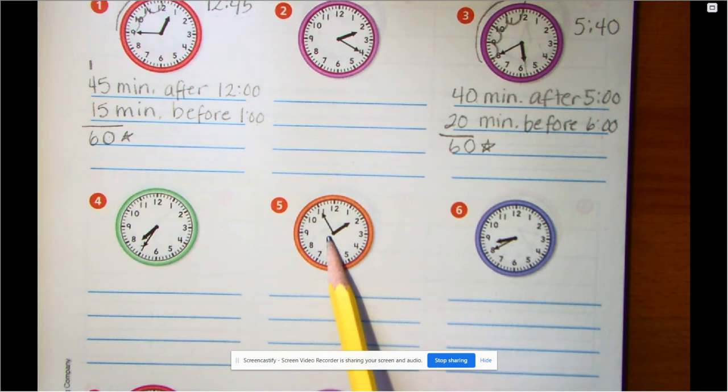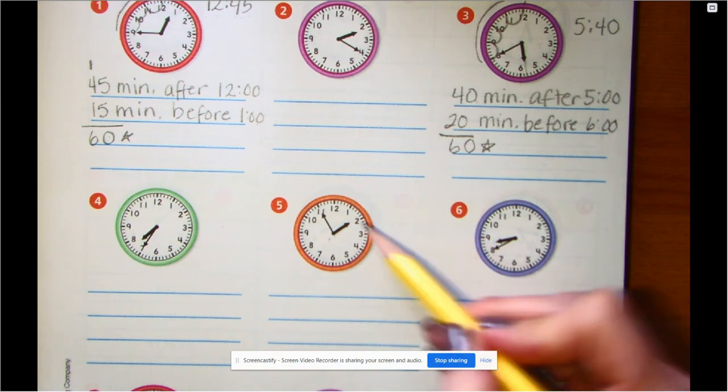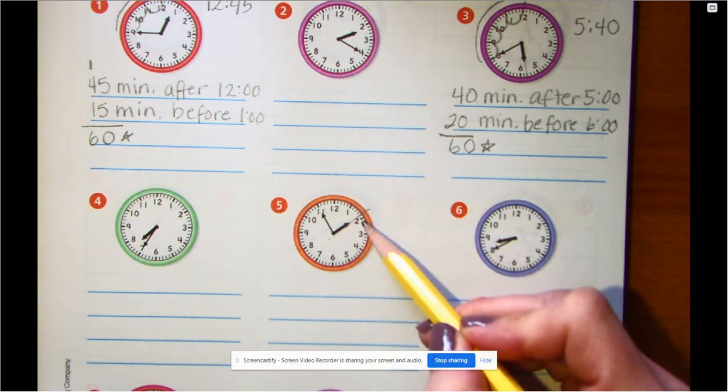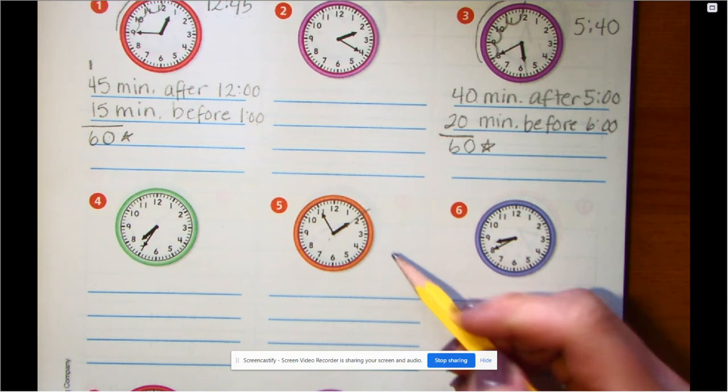We're going to try one more. Let's look at number 5. You first want to identify what time it is on the clock. So I have to find my hour hand. It's my shorter one. And when I look, it's still in between the 1 and the 2, right? So it's after 1 o'clock, but it's not quite 2 o'clock. So how many minutes after 1 o'clock?